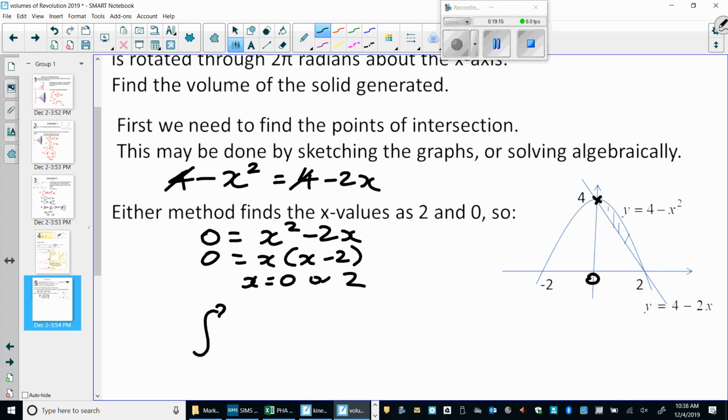So we've got the integral between 2 and 0, we've got our pi at the front, we've got 4 minus x squared, subtract 4 minus 2x squared, dx.